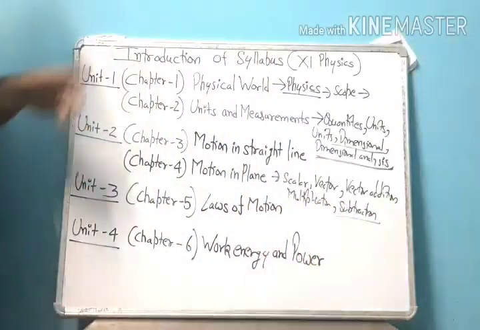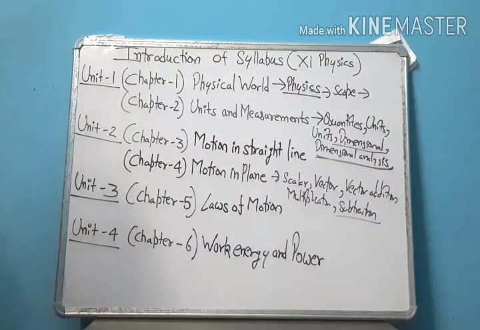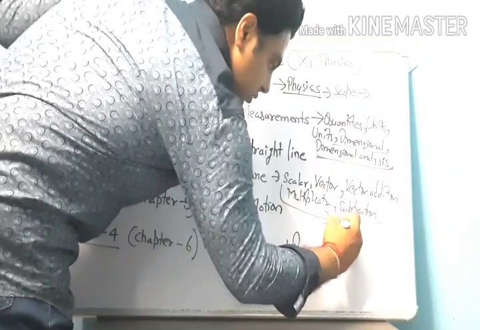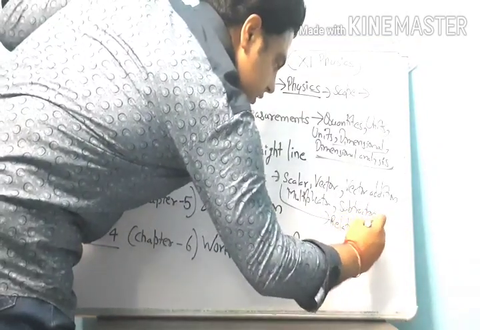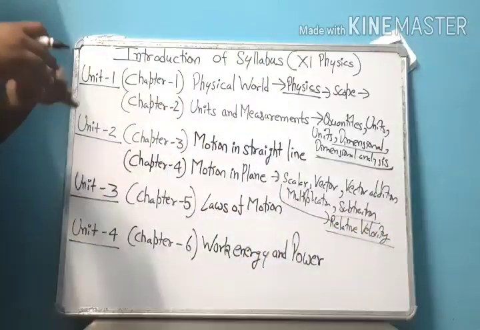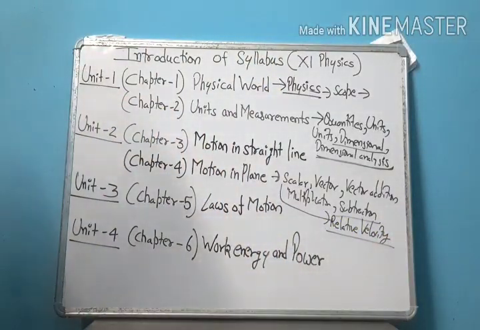These are the major topics, and one of the most important topics of this chapter is also relative velocity. What is the meaning of relative velocity, and some numericals on this topic.